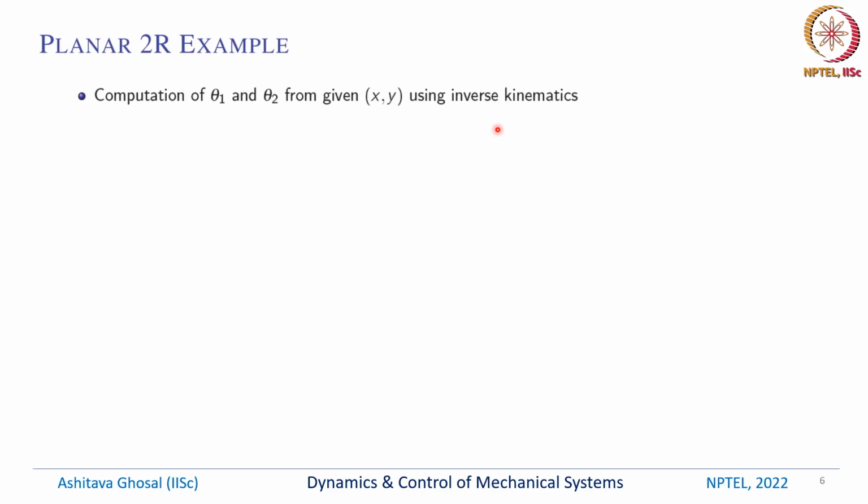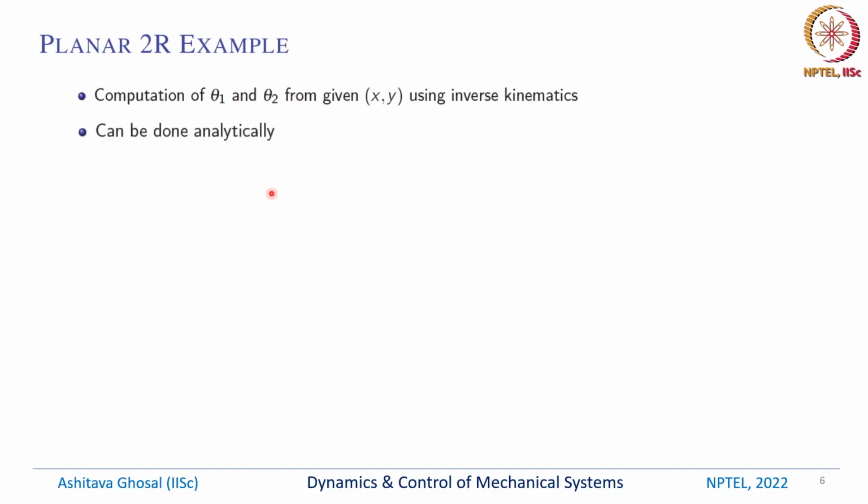We have specified the trajectory using x and y, but I need the trajectories in terms of theta 1 as a function of time and theta 2 as a function of time. How do I obtain this? We can obtain theta 1 and theta 2 as a function of time by what is called inverse kinematics.